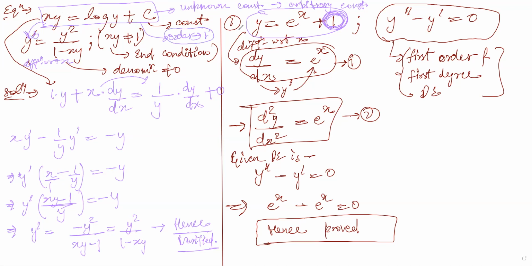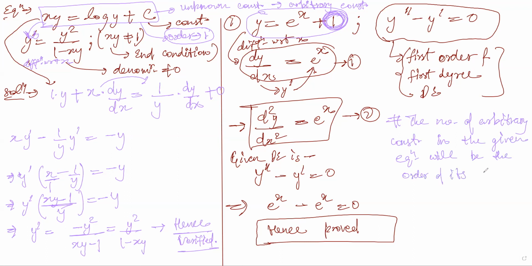So whatever is the number of arbitrary constants involved in the given equation will be your order for its corresponding differential equation. In this case, the order is 1, as is the number of arbitrary constants. So the only thing you need to know about here is that the number of arbitrary constants will be the order of its corresponding differential equation.